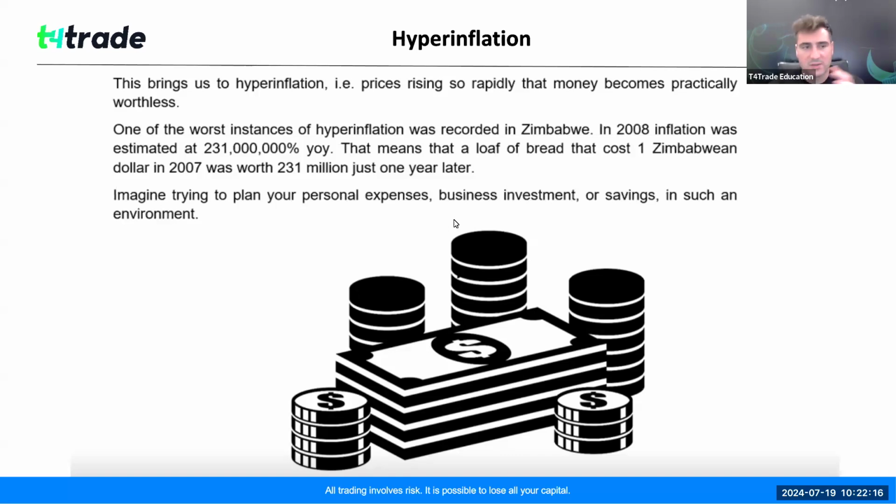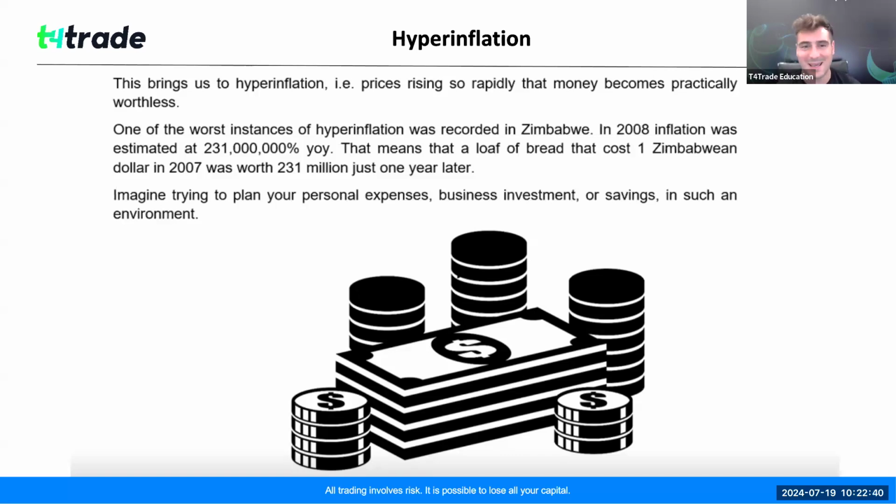So one of the worst instances of hyperinflation was observed in Zimbabwe. Back in 2008, inflation was estimated to be at 231 million percent year-on-year. So in order to conceptualize it, a loaf of bread in Zimbabwean dollars in 2007 was worth $1.